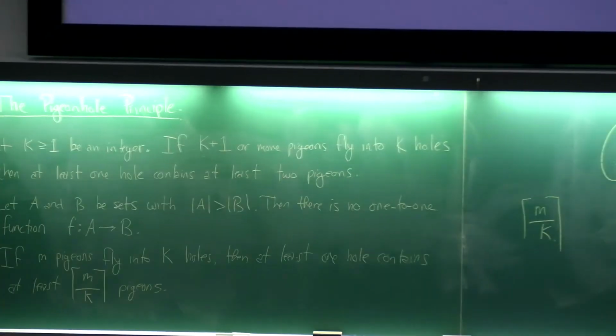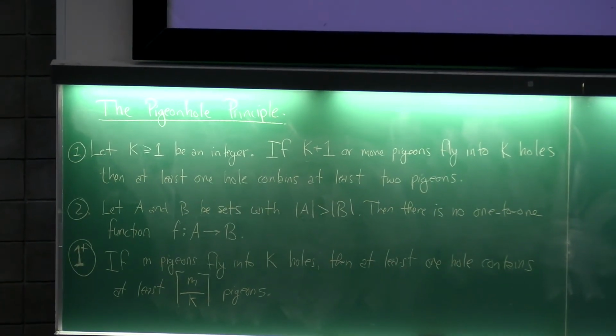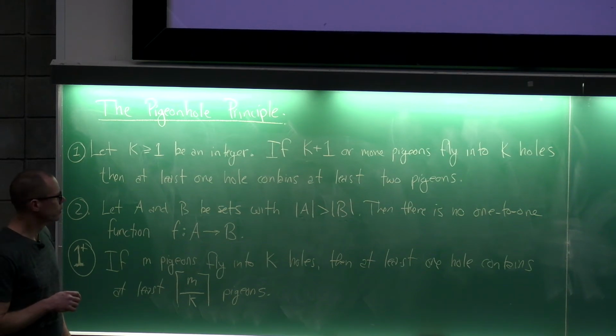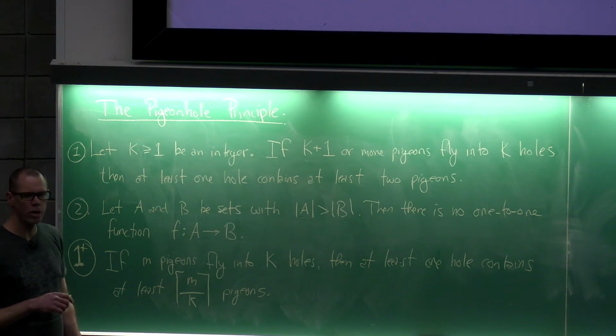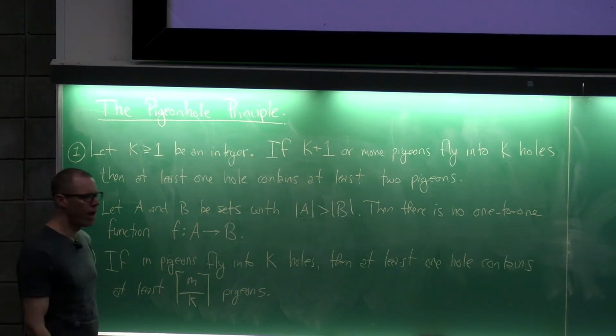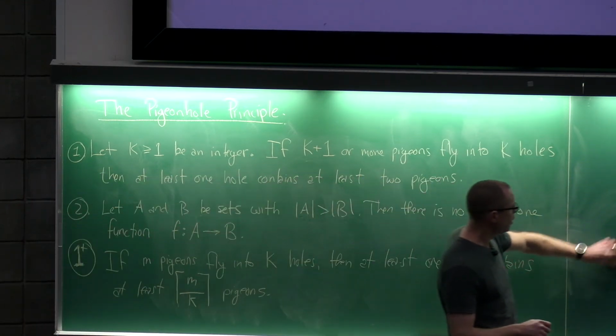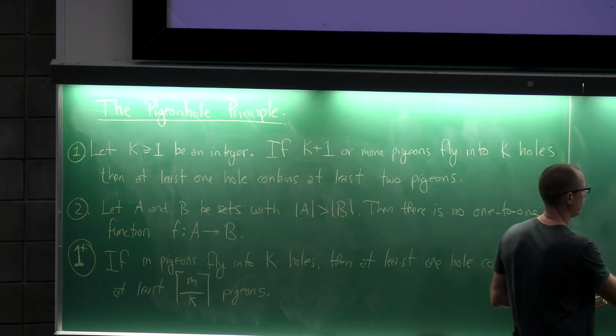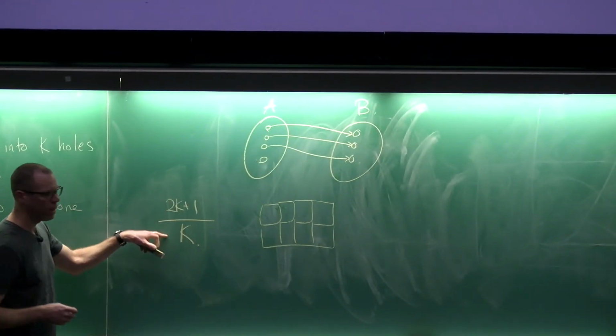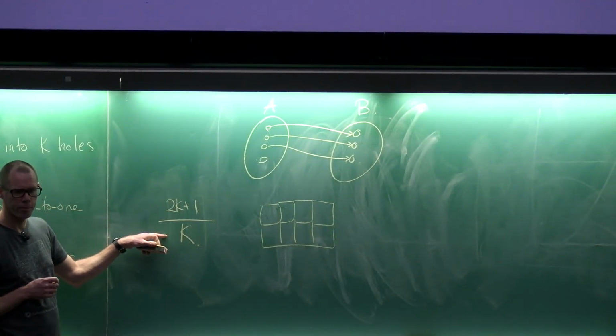So I know this works for k plus 1 pigeons. Imagine you have 2k plus 1 pigeons. I don't think you can say that at least one hole contains at least 3 pigeons. Yeah, so if you have 2k plus 1 pigeons, and they all fly into k holes, then the average number of pigeons in a hole is 2k plus 1 over k. Right?